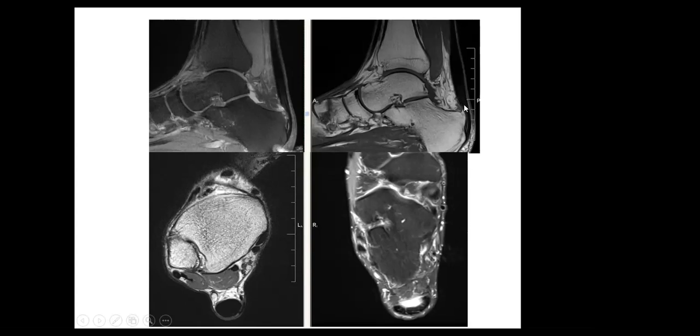Haglund deformity is normally a bony bump here. Always look for Haglund deformity when there is non-insertional tendinosis and retrocalcaneal bursitis. Always look for that bony bump. I have actually a case of Haglund deformity, maybe show it to you in the future. You did very well. That's a very good case presentation.